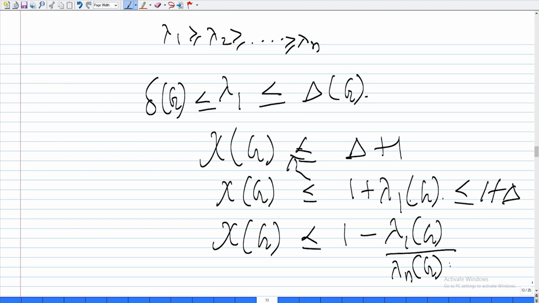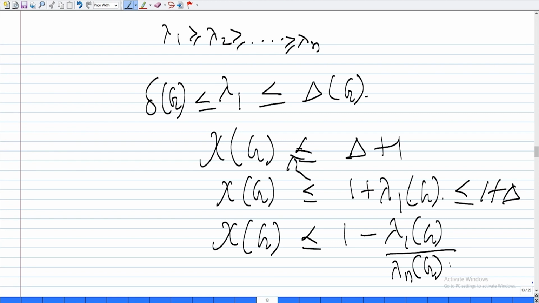Lambda 1 by lambda n is greater than 1, yes, I did not say it is, but lambda n is going to be negative. Remember, for every positive there should be some negative, because the trace is 0, the sum of all the eigenvalues should be 0. As many positive eigenvalues as you have, it need not be the same number of negative values, but the sum of all positive values should be matched up with the sum of all negative eigenvalues.